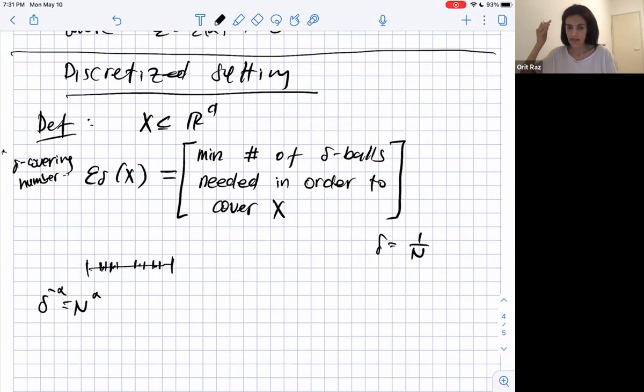So we know that the sums of these middle points will have many distinct points. But the question is, maybe there are many distinct points, but maybe they are concentrated in a way such that the new set, the image set, we will be able to cover it by still a small number of intervals. So there are many distinct elements, but maybe they are close together, so the delta covering number will not increase. And that's the question.